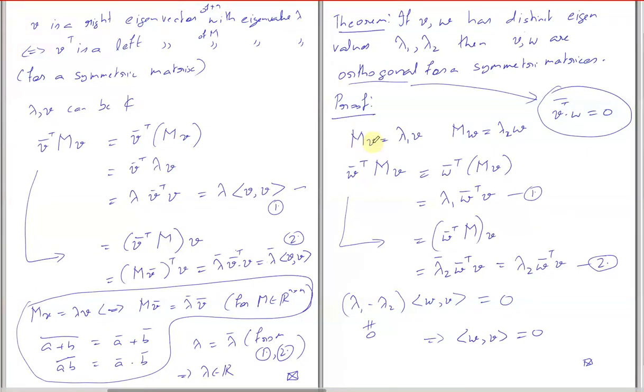Why should it always have a solution? I'm not sure. If we simply take it on the other side, we can write it as M minus lambda 1 into v, and then we get n linear equations.